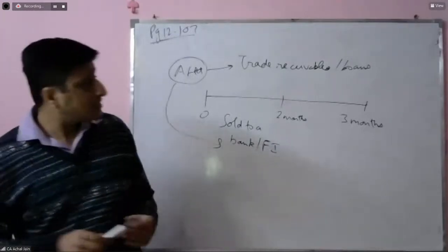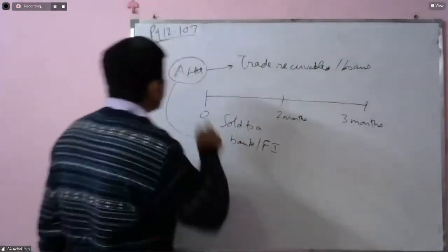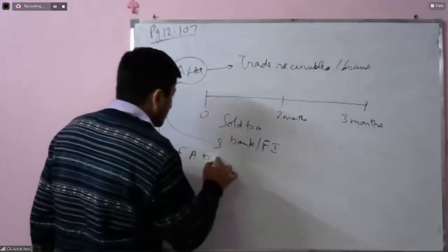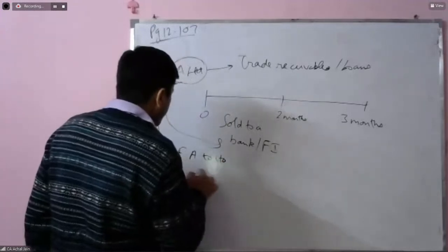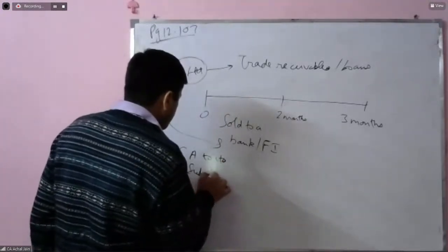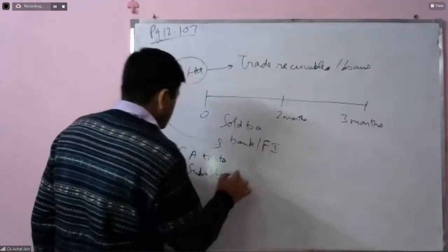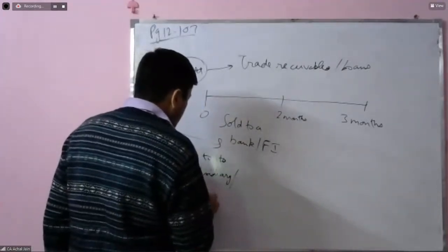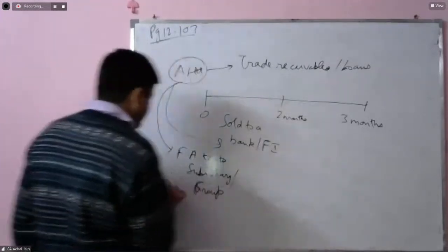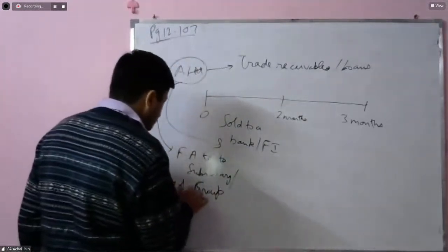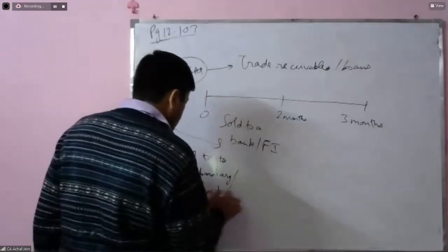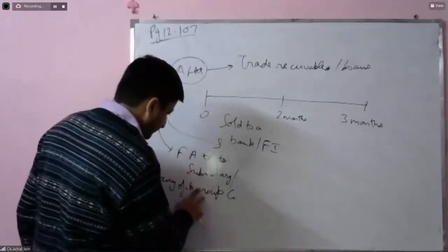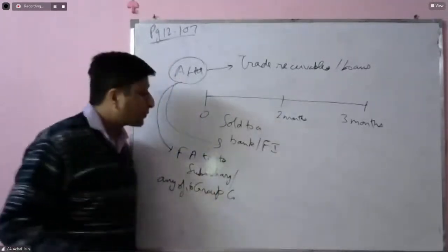In those circumstances, it would be inappropriate to derecognize the financial asset if the purchaser entity is indirectly controlled by the seller entity. Let's suppose A Limited has sold financial assets to its subsidiary, or say to group company, to any of its group company.